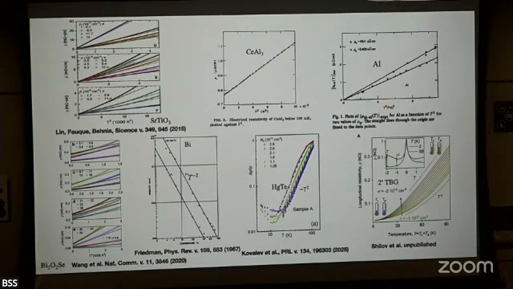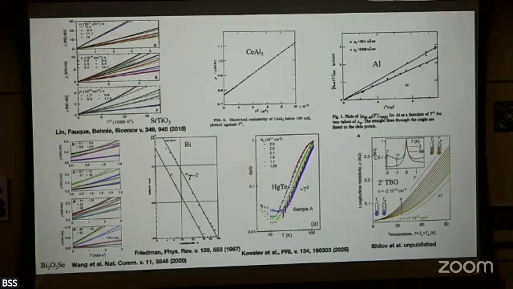And then we have other examples, and probably historically the first one was T-squared observed in strontium titanium oxide, or doped strontium titanium oxide, and historically it means that it goes back to 1950 something, right? But people didn't pay any attention to this T-squared, ascribing this habitually to a Fermi liquid, until the seminal paper from Cameron Hurd's group came out in 2015, who didn't measure anything new.